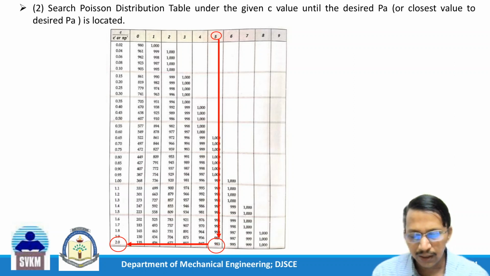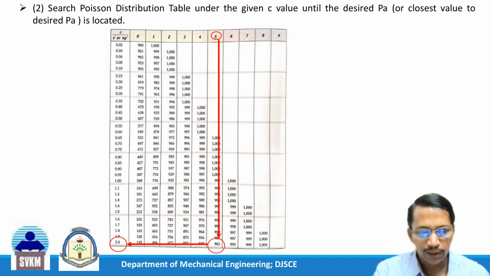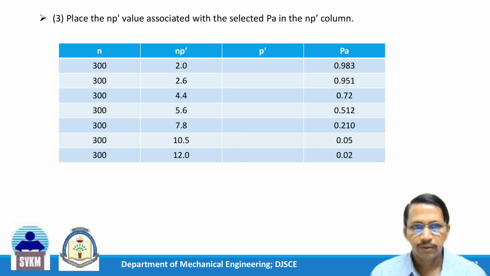And what is the corresponding value in the first column? That is 2.0. What does this column mean? NP dash. So you get the corresponding NP dash value for this 5 acceptance number and probability as 0.983. So note it down. For 0.98, that is what we had written here, but we will not get exactly 0.98.